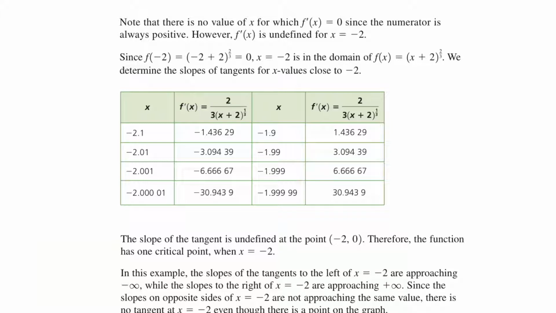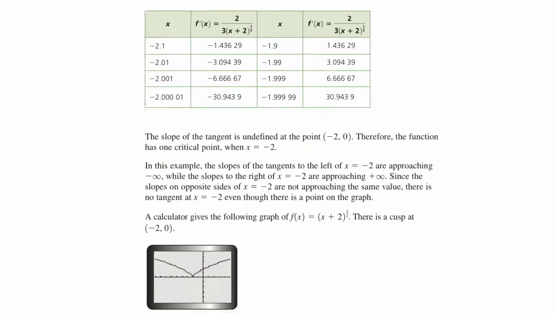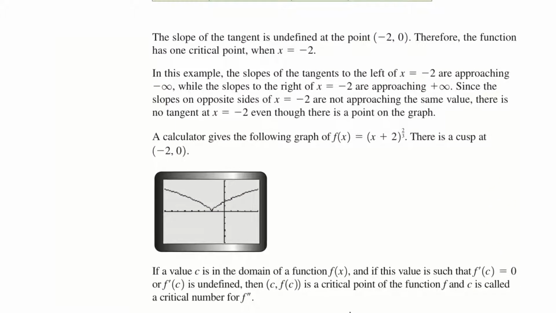The sign of the derivative is changing at x equals -2, but the derivative is undefined at -2. We have a vertical tangent line at -2. Since the sign of the derivative is changing at -2, -2 corresponds to a local extremum. It's changing from negative to positive, therefore it is a local minimum.